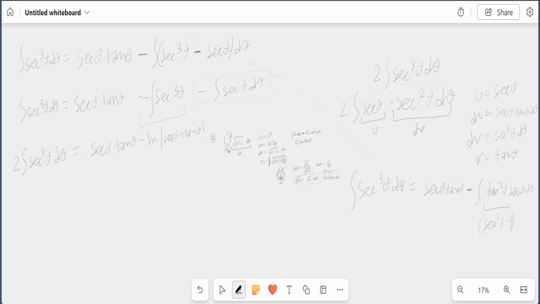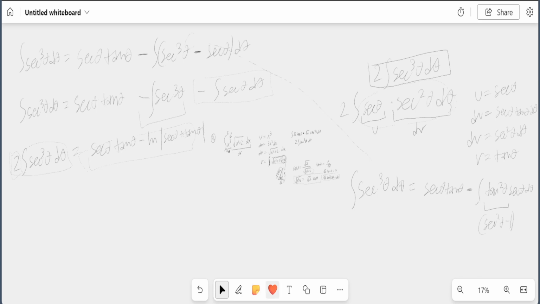And so we can just divide by 2, and we actually just get the integral of secant. We found it, right? Because now we found what it's equal to. But I'm not going to divide by 2 because we actually have a 2 in our problem, so I'll just keep it like that. So we know that that's equal to this, right?